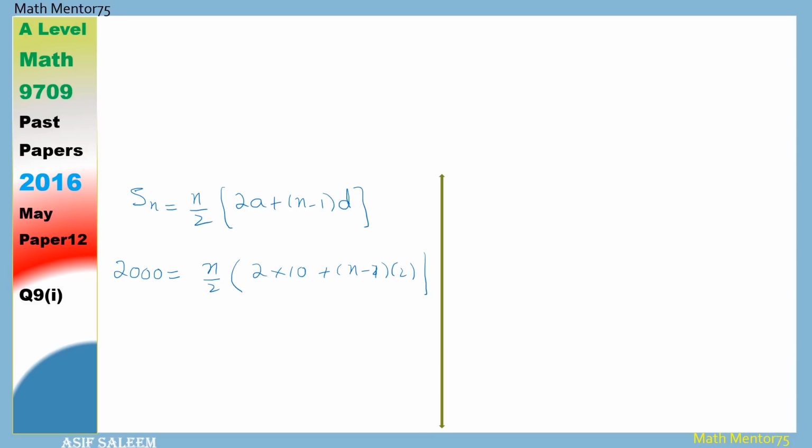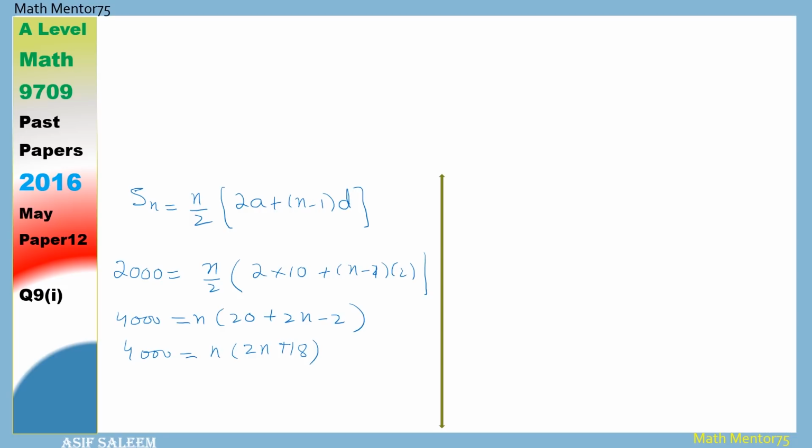Cross multiply, we have 4000 equals n times (20 plus 2n minus 2). So we have 4000 equals n times (2n plus 18).